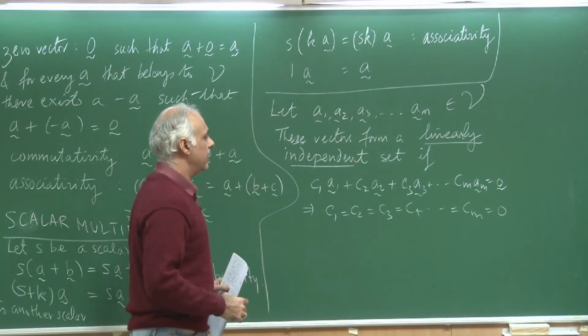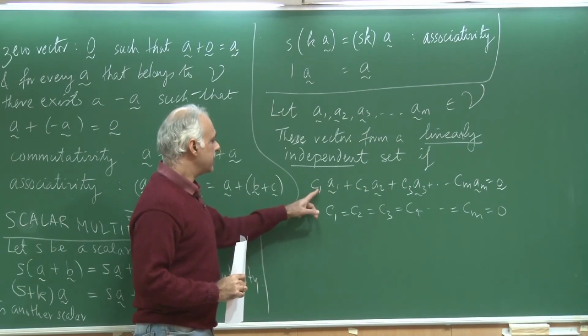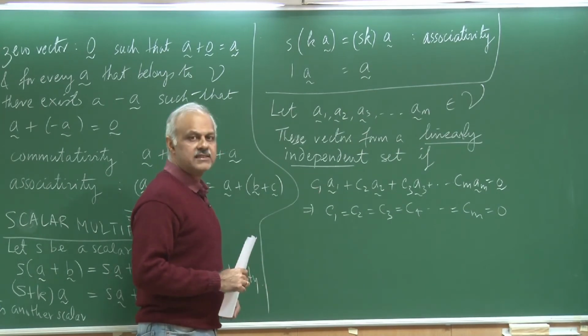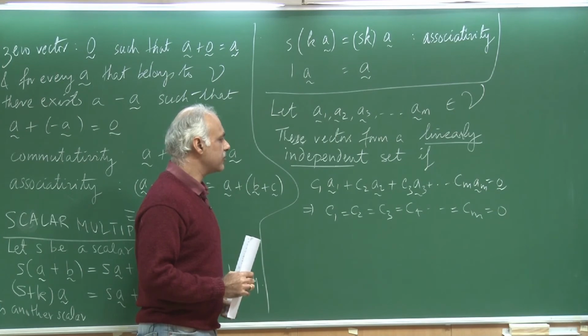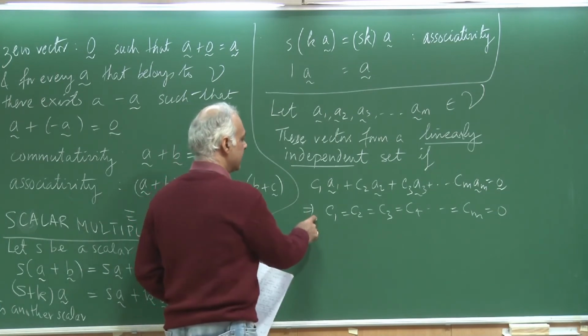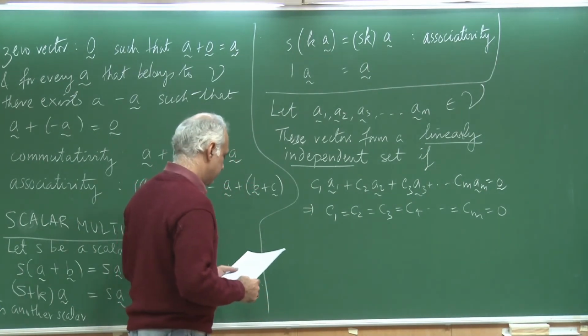Okay. So that means none of these vectors can be written in terms of a fewer number of vectors by using their linear combination. So if this condition is satisfied, then I have a set of linearly independent vectors.